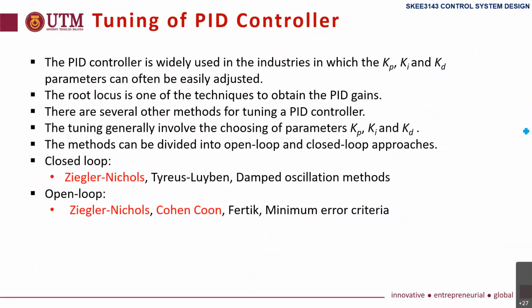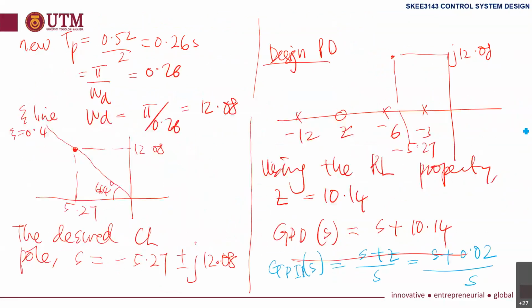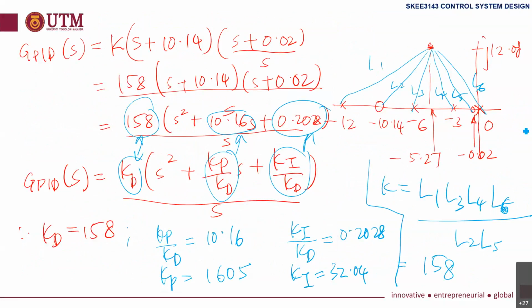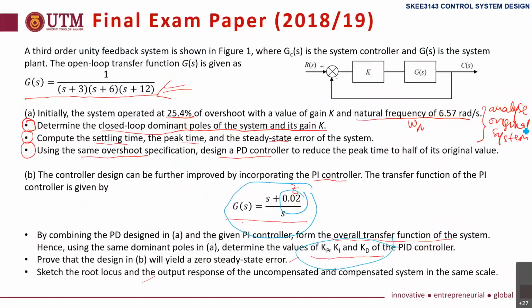And the question wants you to proceed to sketch the root locus. Okay, any question? Please, I'm sorry I did it in a fast way. I hope you have done it.